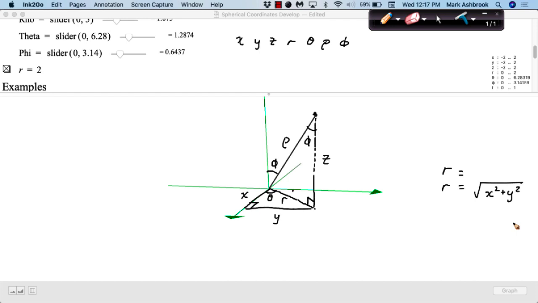But in the spherical triangle, it's different. It's not a hypotenuse. It's the hypotenuse in the polar plane, in the xy plane, but in the spherical triangle, it's not a hypotenuse. So we're going to look at this a different way. What would r be in the spherical vertical triangle there?